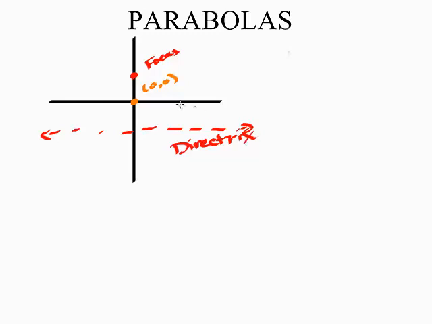We're going to say that all of the points that are equidistant to both this point and this line, the focus and the directrix, is going to give us a parabola. So the first thing we're going to do is derive the distance between the focus and the vertex. We'll call the distance between the focus and the vertex p. Therefore, down here, the distance between the vertex and the directrix is also going to be p in the negative direction.